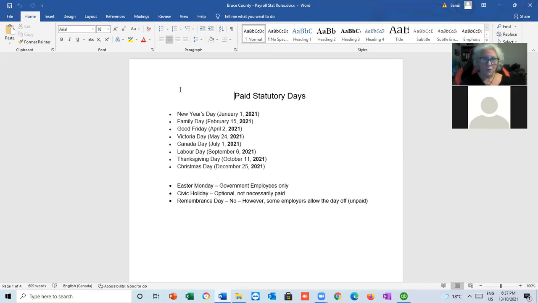So for payroll in QuickBooks, you have to have a license to have that activated, and you want to make sure that your updates are good. But let's go back a little bit, and let's just make sure that we have the regular rules in place.